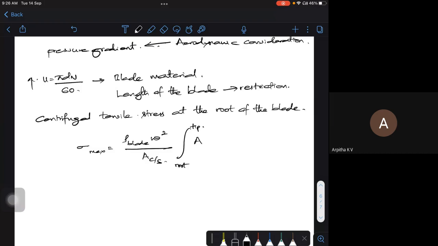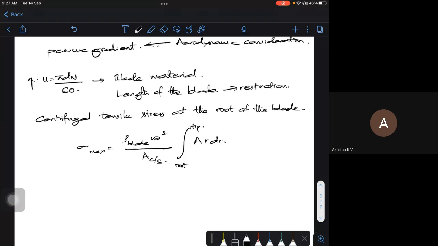I have to integrate the radius from root to tip. I'm just trying to write a general equation: blade density, angular velocity, and cross-sectional area. So this plays a very important role.